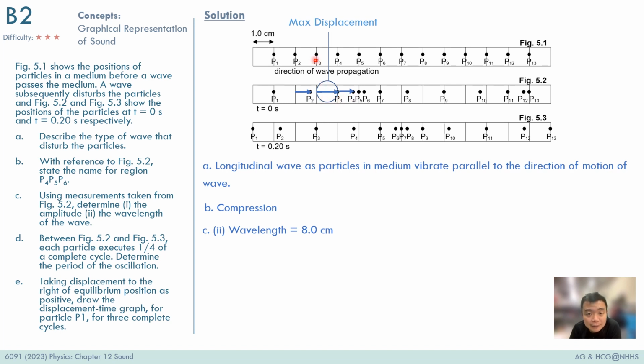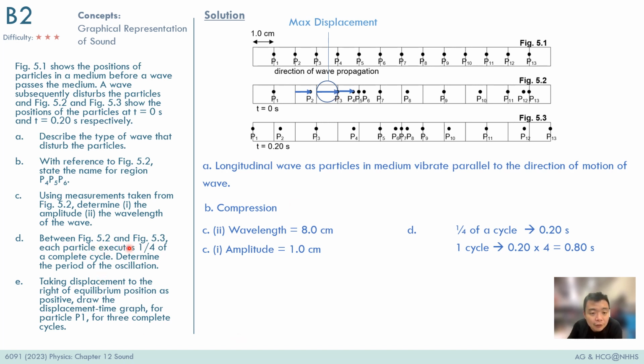Notice that for P3 at this point in time, it is displaced the furthest away. So therefore this becomes the maximum displacement, which is the amplitude of the wave.